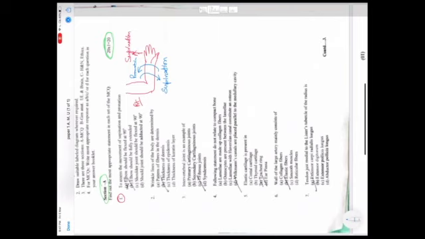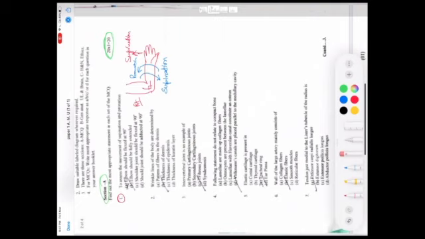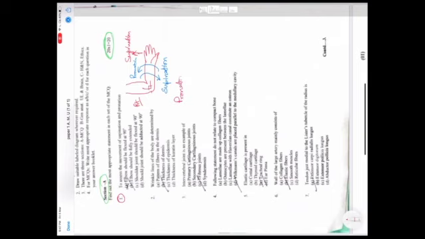Now why are we doing this at 90 degrees? So remember, there are two pronators and two supinators.